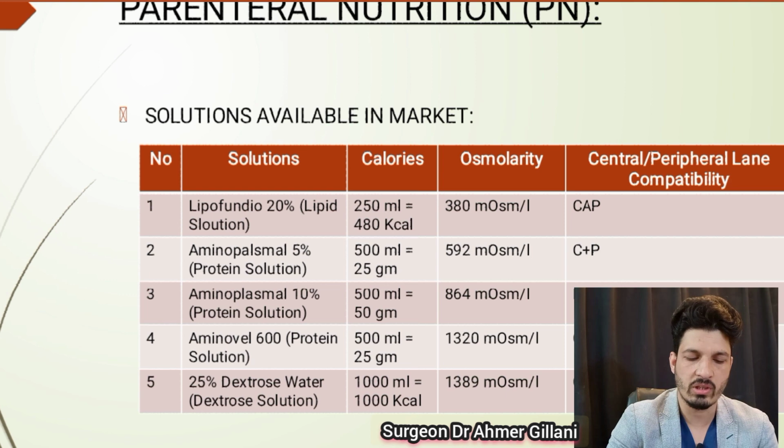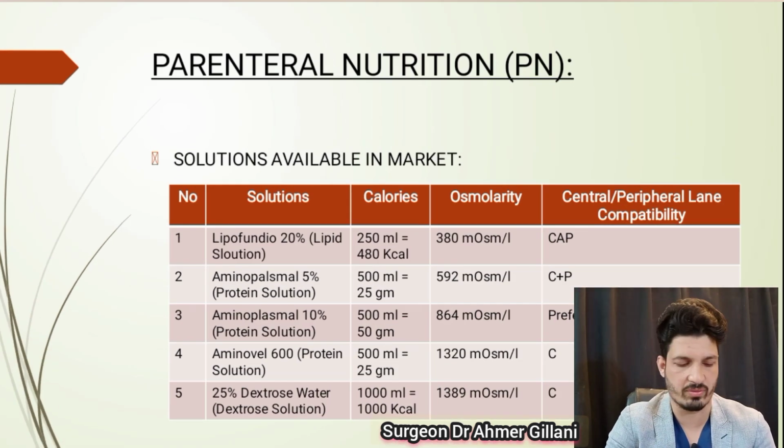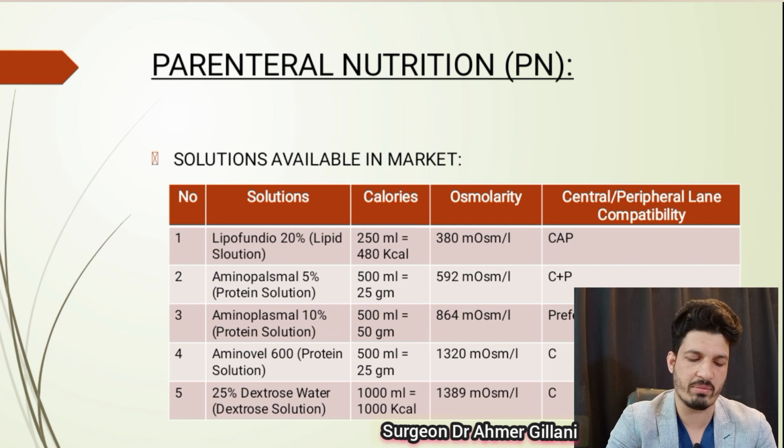So you can take a screenshot and memorize this. It will be beneficial for you. Like if we are using Aminoplasmal 5%, 500 ml will be equal to 25 gram of protein, and its osmolarity will be 592 milliosmol per liter. So you can memorize all these things.